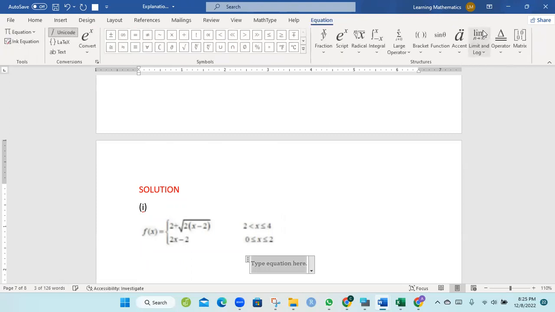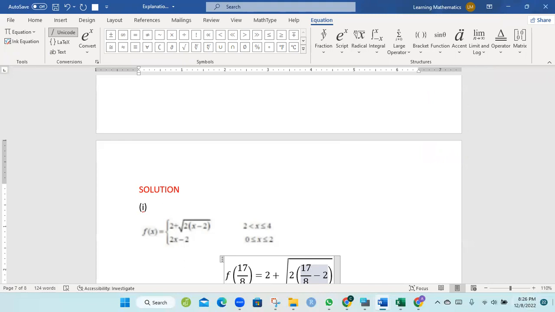So to find what is f of 17 over 8, we have to substitute this 17 over 8 into 2 plus the square root of 2 open bracket 17 over 8, because that's where x is, subtract 2.